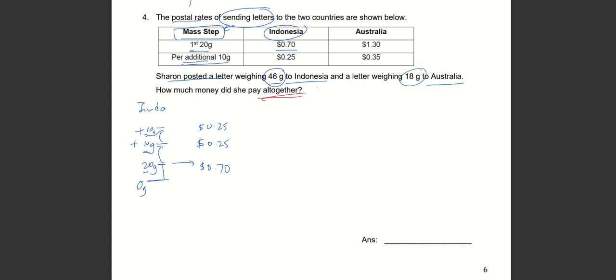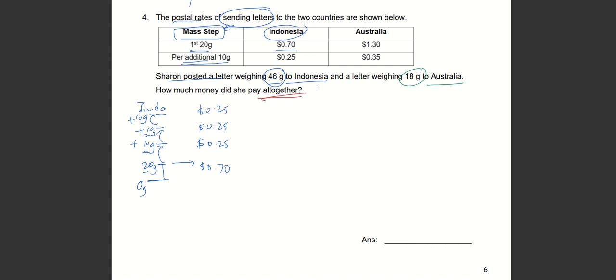That means I still need to go in for another 10 grams because it's still more than 40 grams. So I need to pay another amount for the next step, which at this point, I step up to the next rate: 20, 30, 40, 50, because 46 is within the next plus 10. So here's another 25 cents.